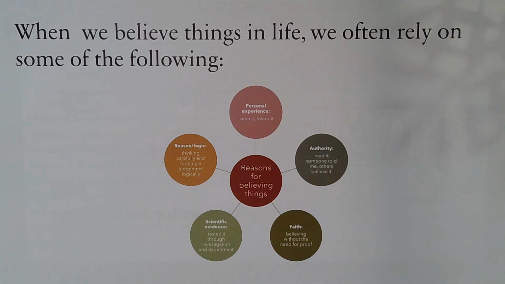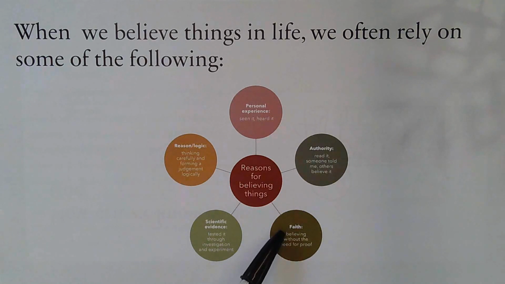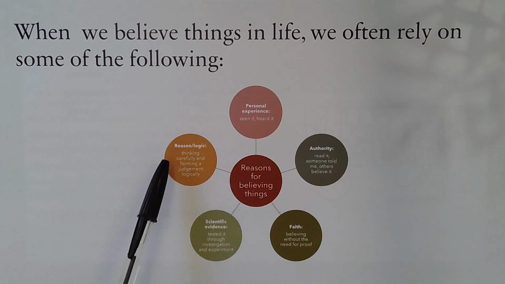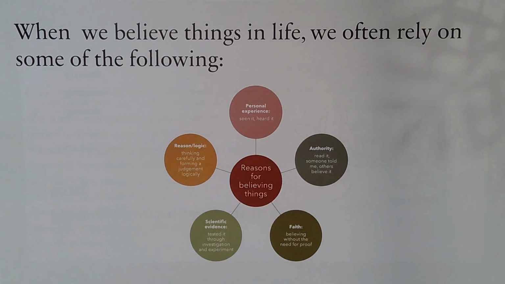So someone in authority might say something which makes you believe it. Faith. So religion. People believe in things based on their religion, without need for proof, because it's their faith. Scientific evidence. It's tested through investigation and experiment, and it's proved. That is something that humanists really do use to believe. Also reason or logic. Maybe we think carefully and form a judgment logically, and that can often lead us to believe if something is true or not.